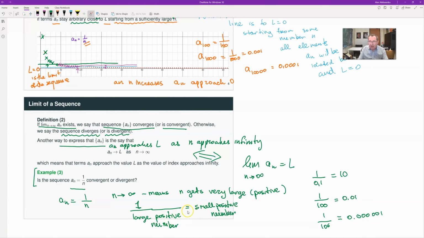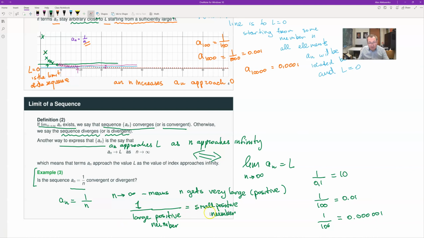I bring the sign into focus because it will be essential for other things that we will do today. But the important message is that when we divide by a large number, we get a small number. And the sign is also important in some cases, maybe not in this one. So as n gets larger, we get 1 divided by a very large positive number, so we get a very small positive number.